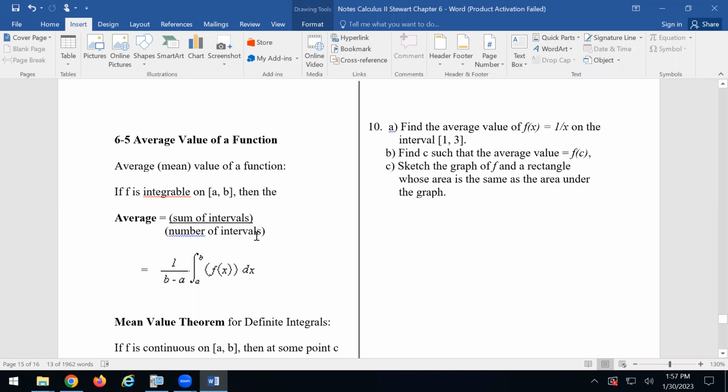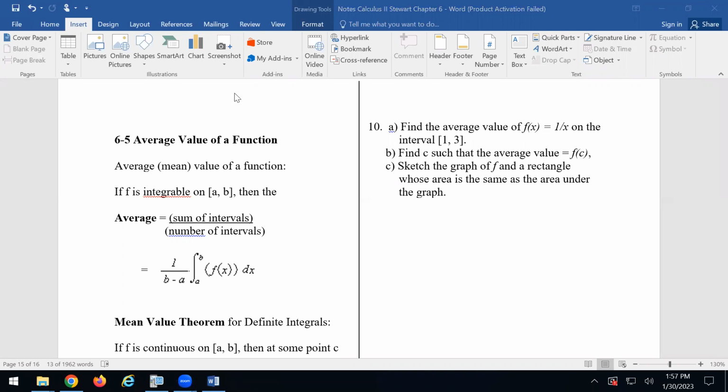In more mathematical terms, the number of intervals is 1 upon b minus a, where b is the upper boundary and a is the lower boundary, and I integrate the function over that boundary. So that's what we do when we are finding the average value of the function.